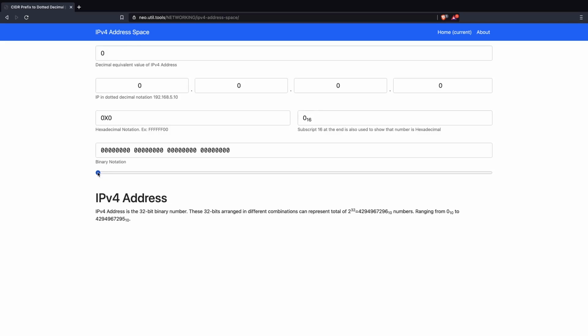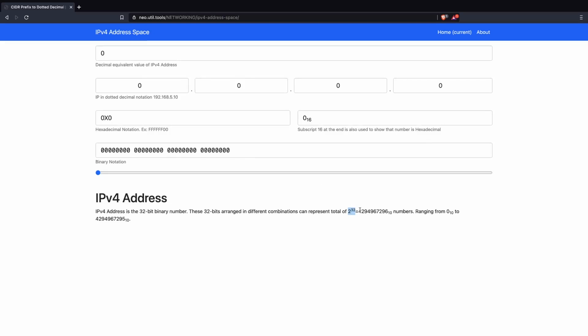So an IP address is a 32-bit number, as explained here, a 32-bit binary number. Since it has 32 bits, we can represent 2 power 32 numbers by arranging these bits in different combinations, right?